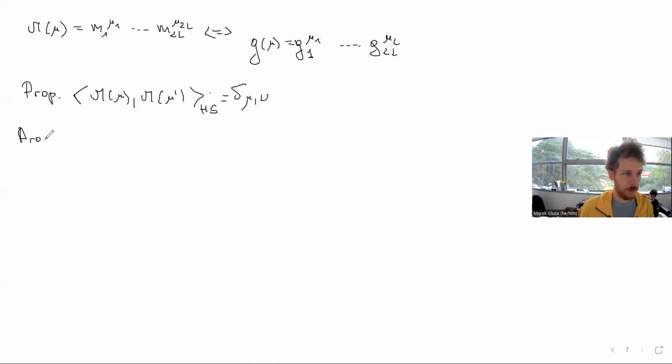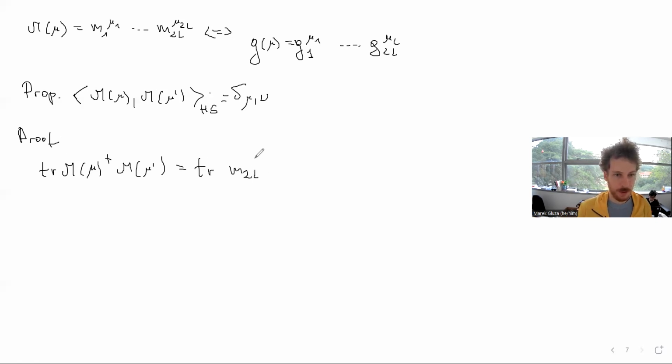And the proof goes like this. The scalar product is the trace of mu dagger mu prime. But now the cool bit is that they are self-adjoint, as I was showing, and tracelessness will come into play just now.